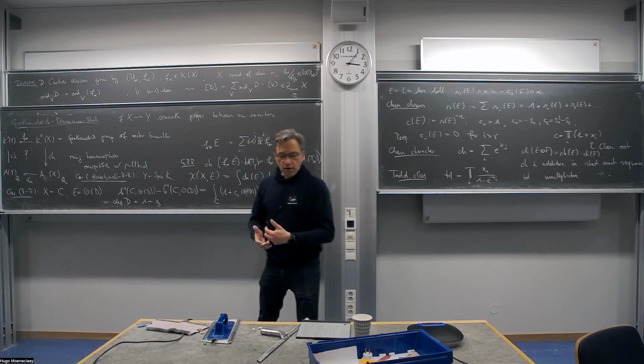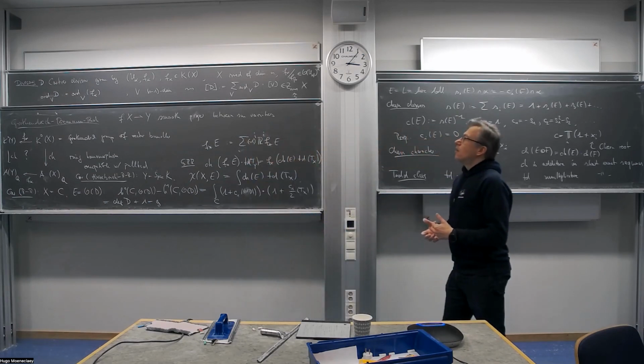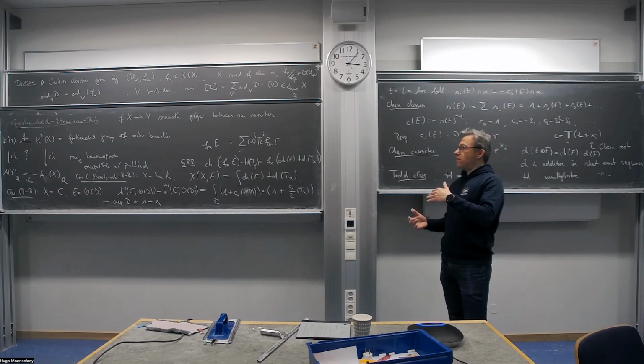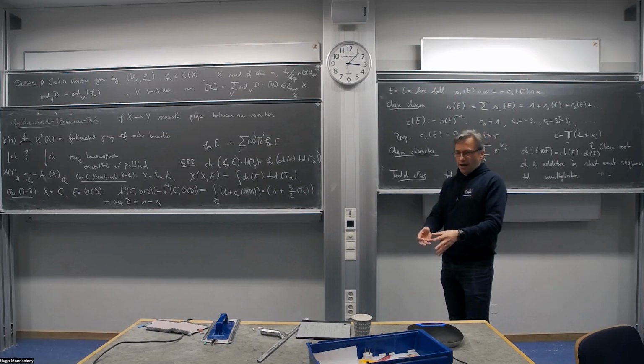But you can do this, it depends on how you define the degree. If you define it by hand, just taking the degree of a polynomial, you have to do some calculations by hand.